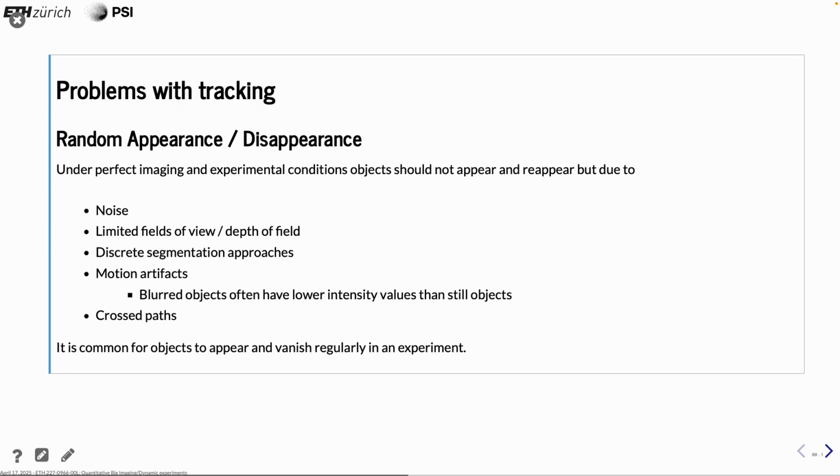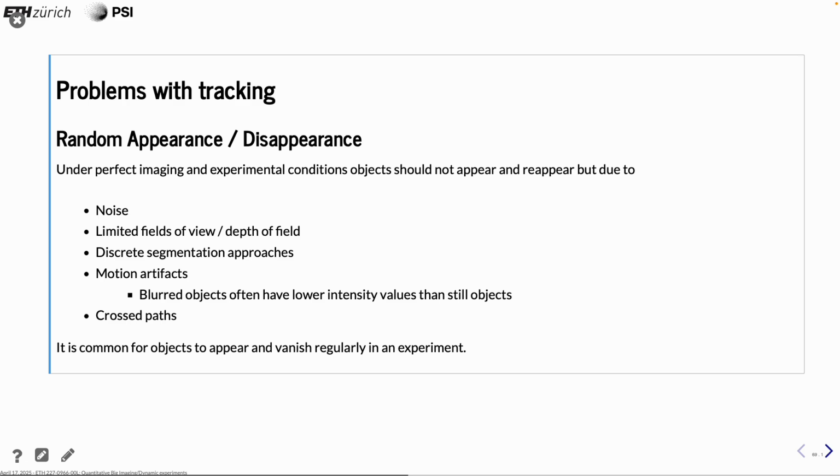Motion artifacts. I don't know if you saw it, but in the snow movie, we could see that the snowflakes, which should be kind of round, turned into ellipsoids, which is a motion artifact. And also when it blurs, the intensity falls, and that is a trouble.